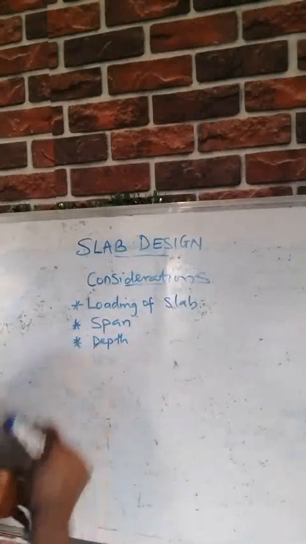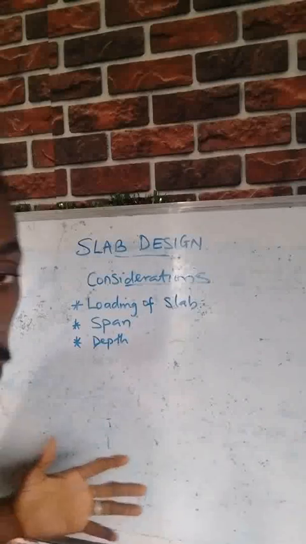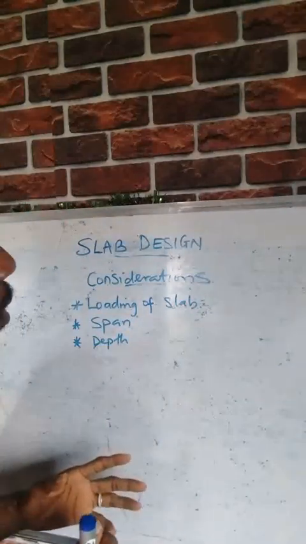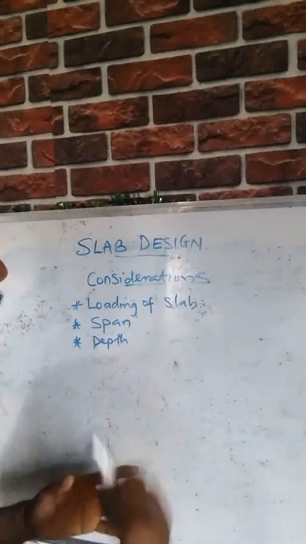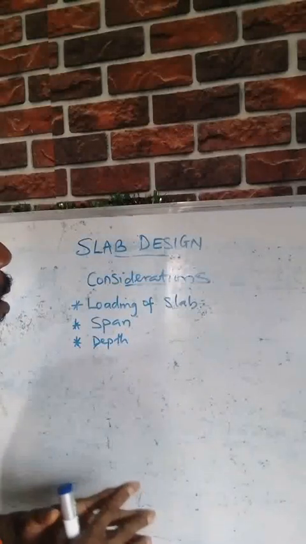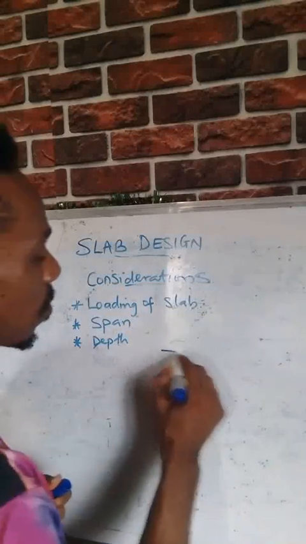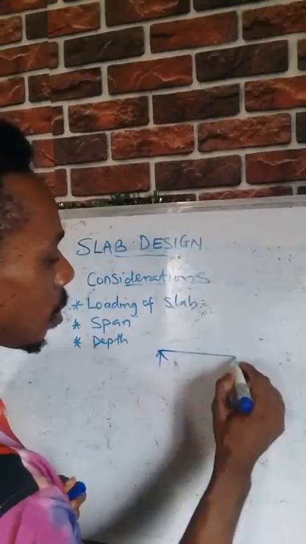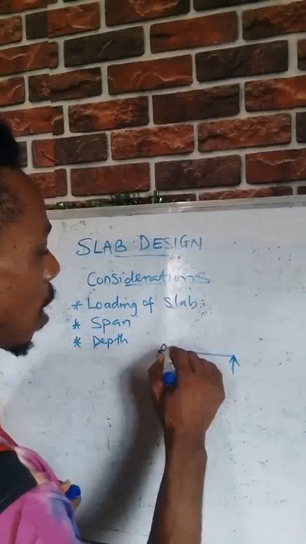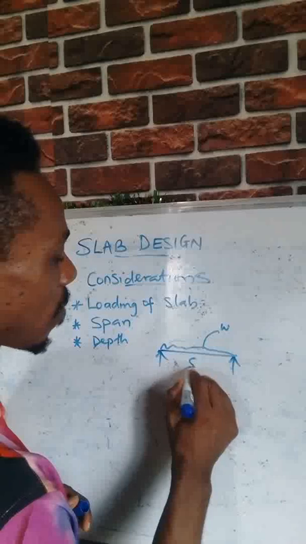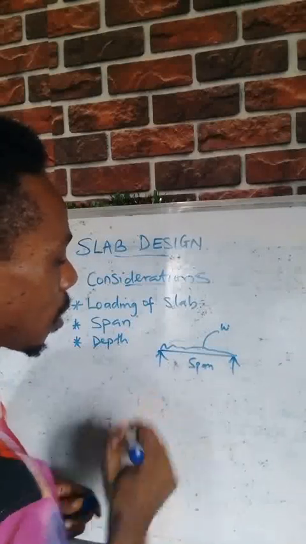Now the loading aspect has to do with how the load is applied to the slab. For example, if you have a simply supported slab, here we have a uniformly distributed load W, and we have our span here.